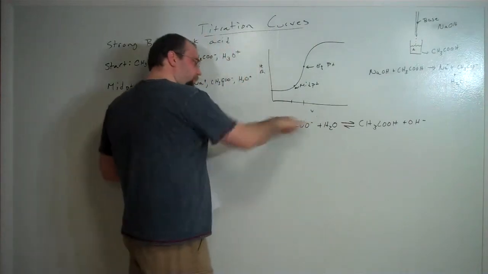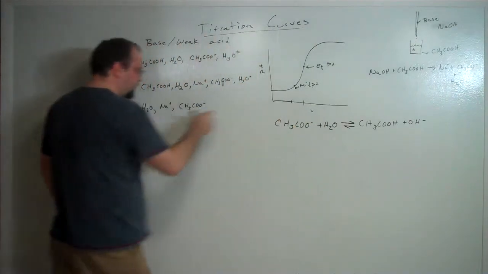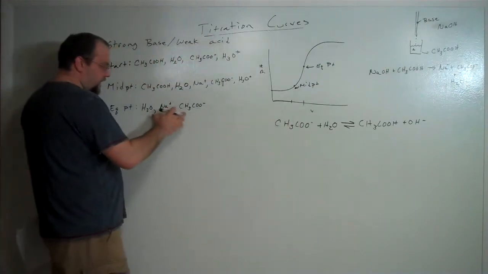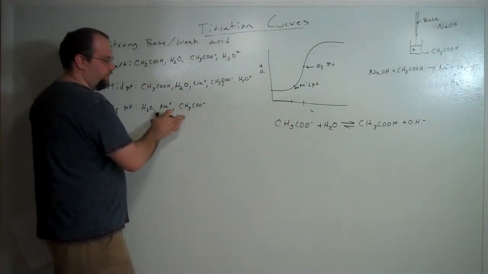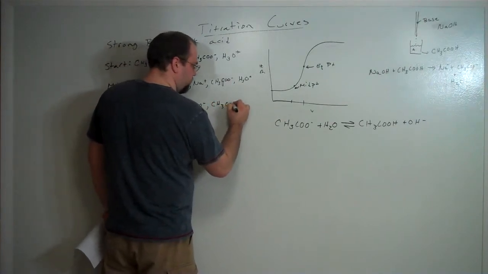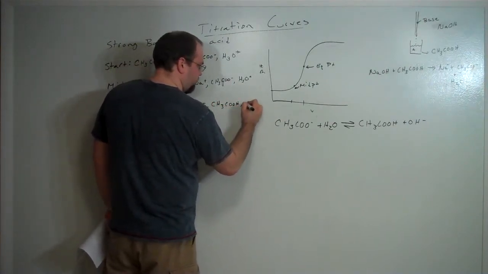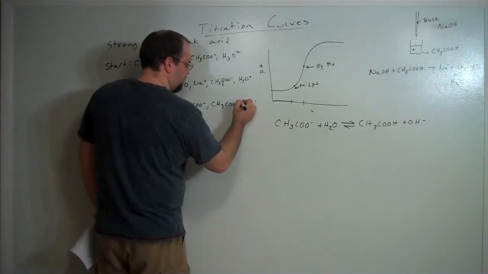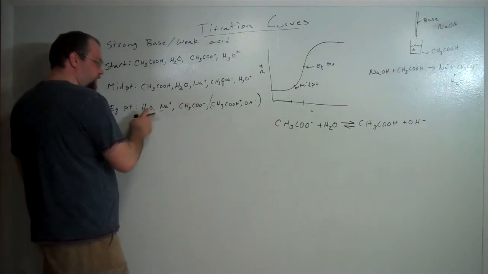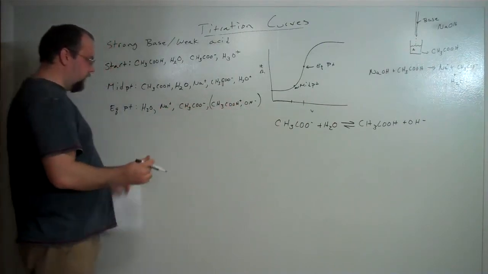I'm going to have an equilibrium between my conjugate base and the water present. I'm going to have a reaction between these two, and when this reacts with water, it will produce some of this.